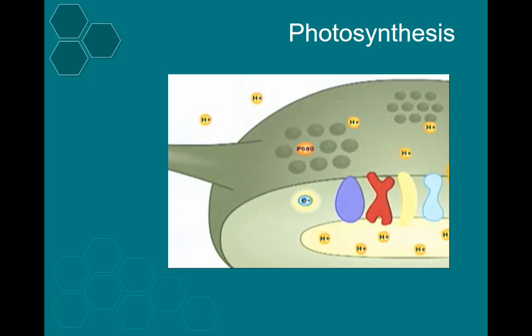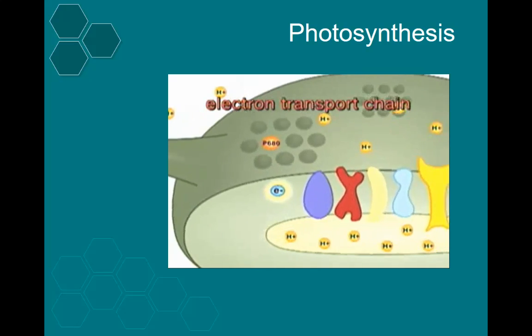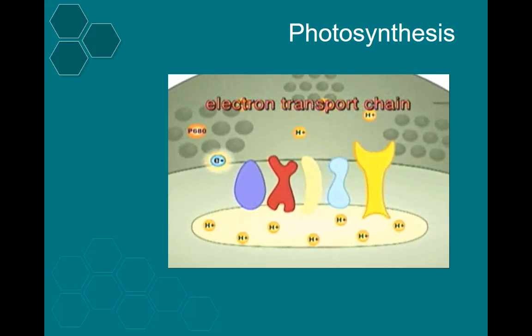Meanwhile, the 4 energized electrons from the chlorophyll pass through a system of electron carriers called an electron transport chain. As electrons are passed from one compound to the next in the chain, the released energy is captured by enzymes which converts ADP to ATP.